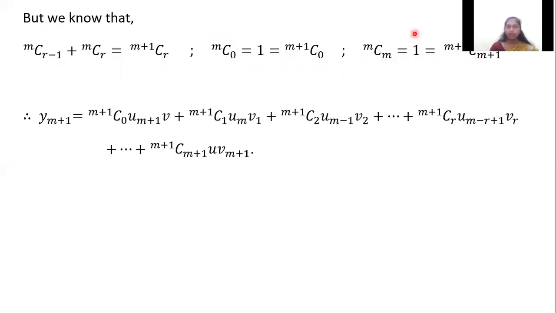So substituting all those in the previous equation, we will be getting y_(m+1) equal to (m+1)C0 u_(m+1) v plus (m+1)C1 u_m v_1 plus (m+1)C2 u_(m-1) v_2 plus etc. plus (m+1)C_r u_(m-r+1) v_r plus etc. plus (m+1)C_(m+1) u v_(m+1).